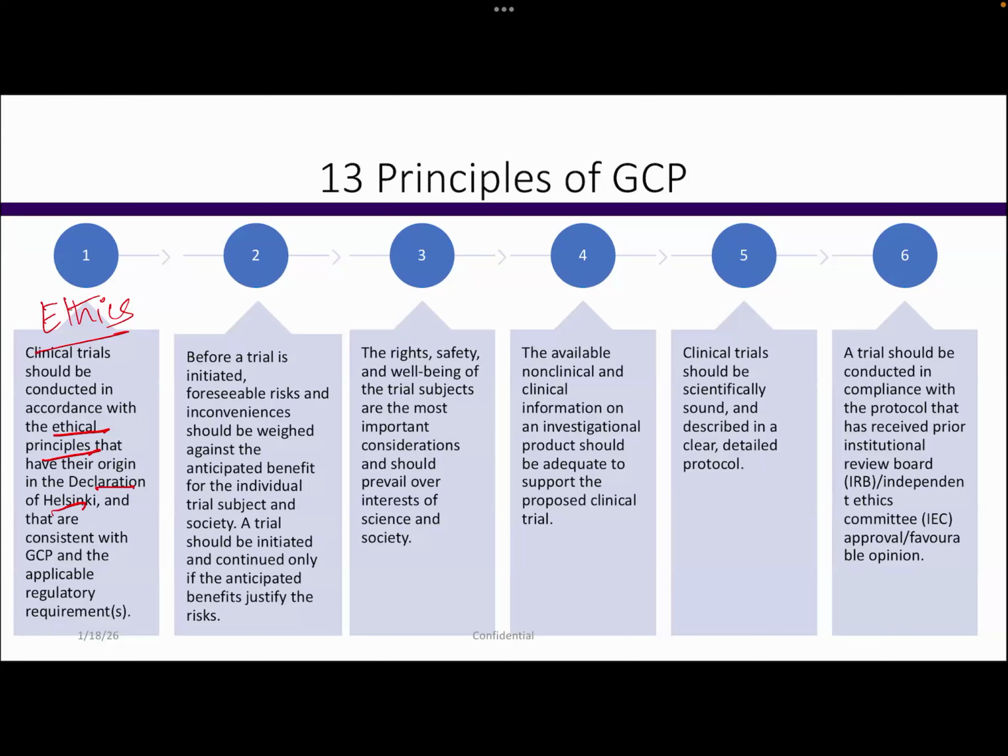So that is your ethical principle. That means you need to take care of the safety of a patient first. The rest of the things are later. You are writing a document, suppose you are designing a SOP just to withdraw a blood sample, 2 ml blood sample. That also you need to take care, is it ethical? Are you doing ethical practice?